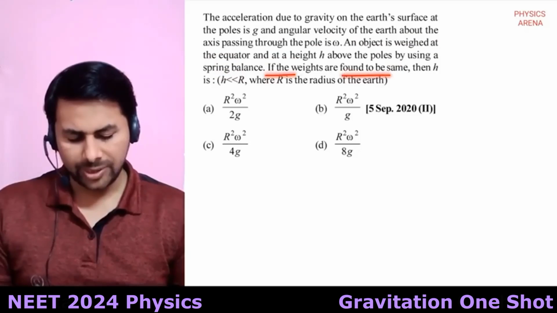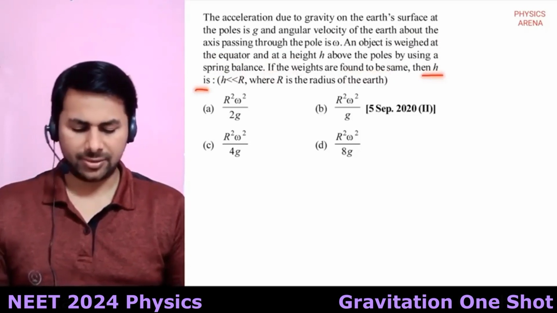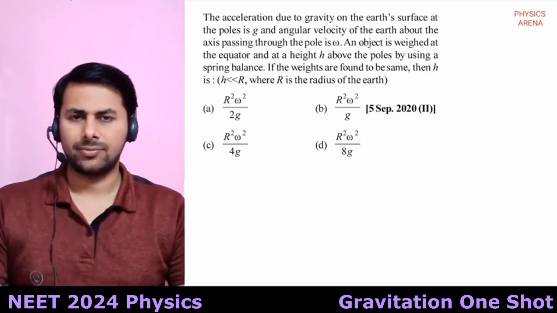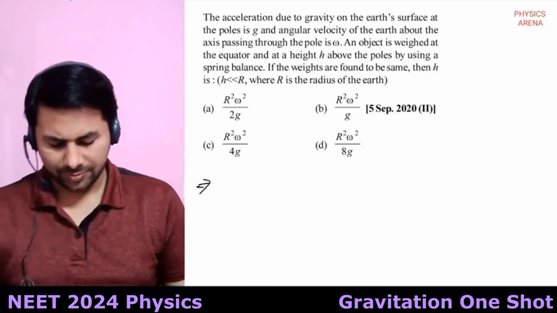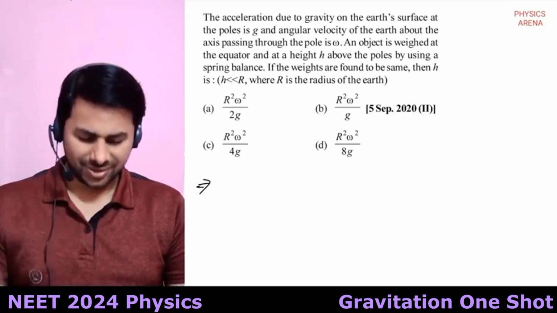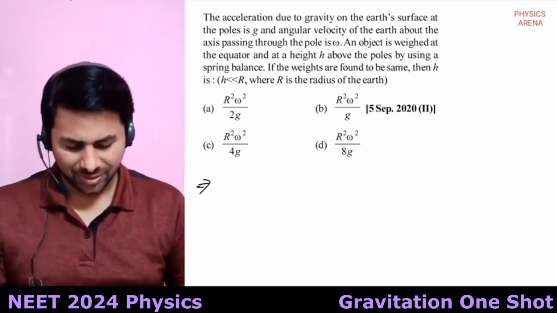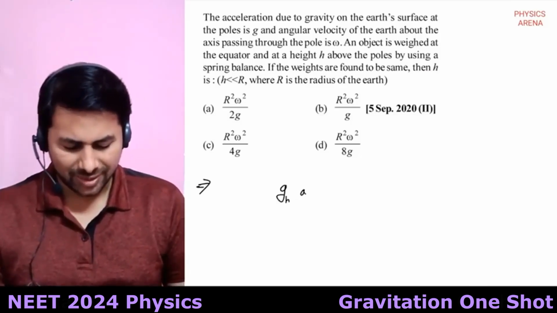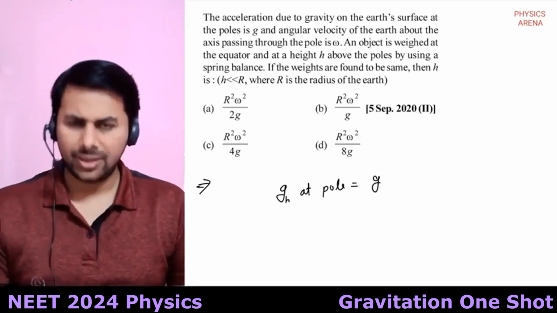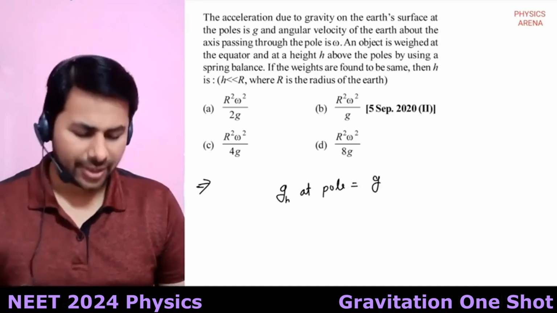If weights are found to be the same, then h is? So gh at pole is equal to g at equator.